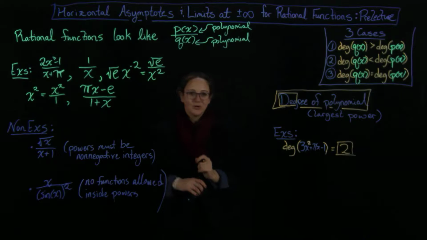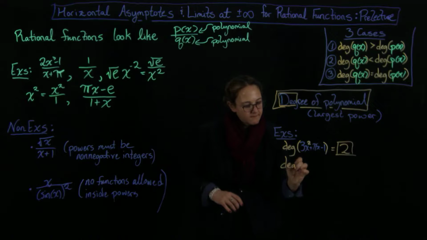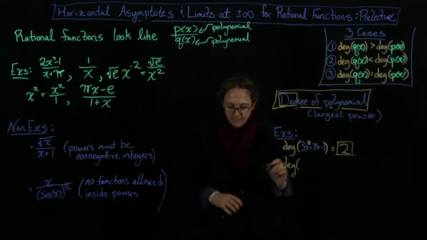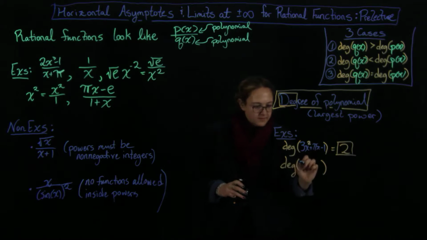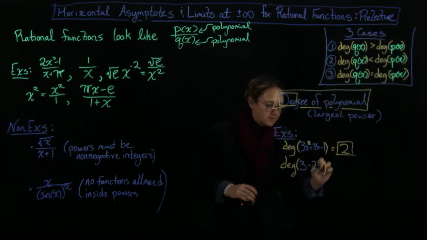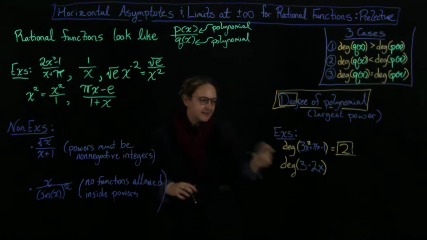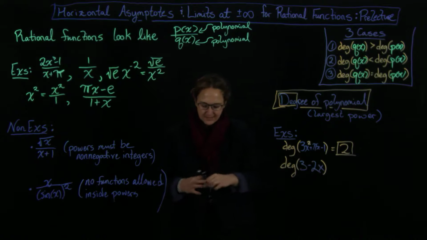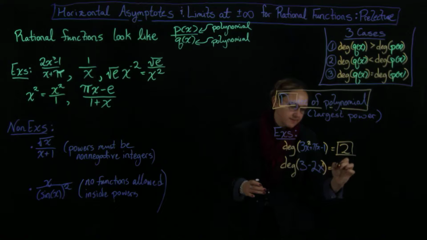Okay, let's try some more examples. Let's take the degree of 3 minus 2x. Looking at this, the degree of this is 0, the degree of this is 1. 1 is bigger than 0, so that's my degree.